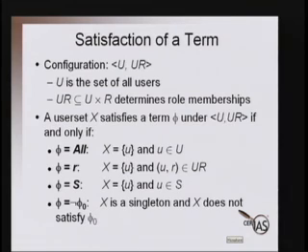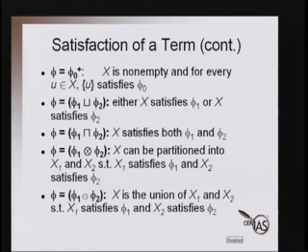When phi equals the negation of another term, then X satisfies the term if X contains exactly one user and X does not satisfy the subterm phi 0. When phi equals the closure of another term, then X satisfies the term if X is non-empty and every user in X satisfies the subterm phi 0.